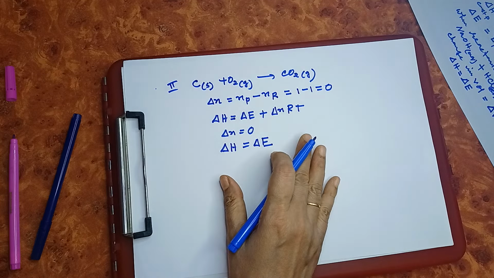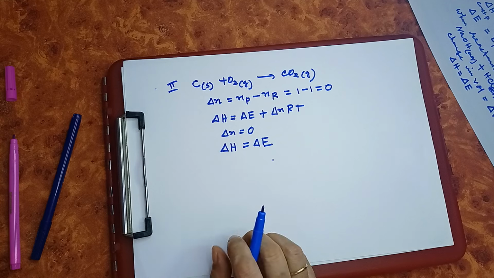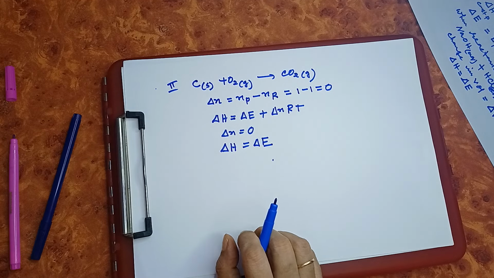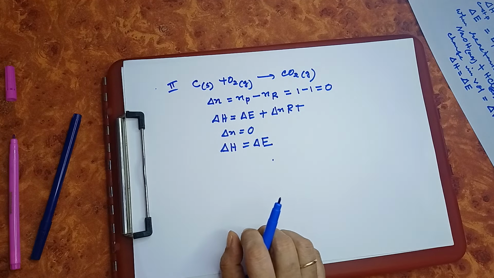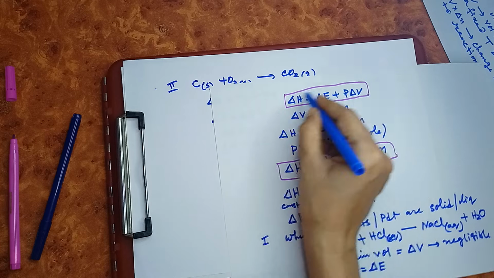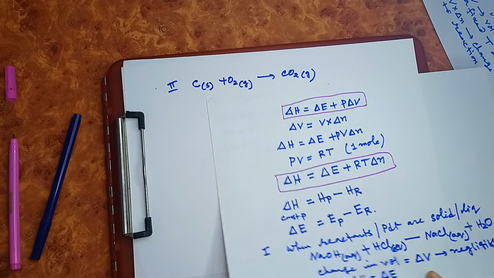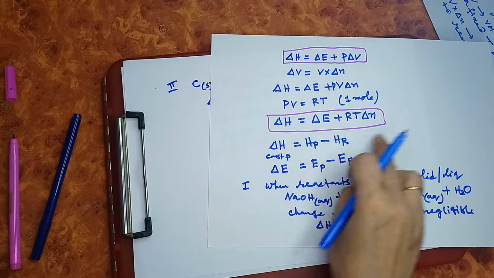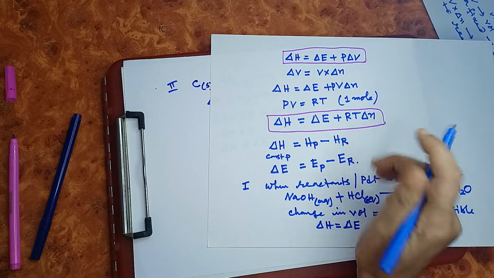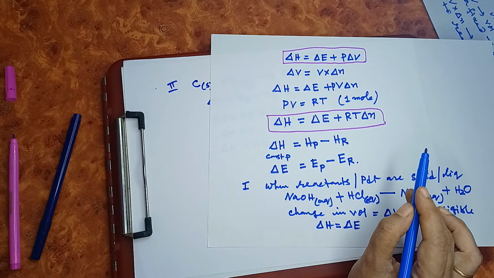Heat of reaction at constant pressure is the change in enthalpy, delta H, and at constant volume is the change in internal energy, delta E. One relation is delta H equals delta E plus P delta V, and we derived another: delta H equals delta E plus RT delta N, where delta N is the change in the number of moles as a result of the reaction.